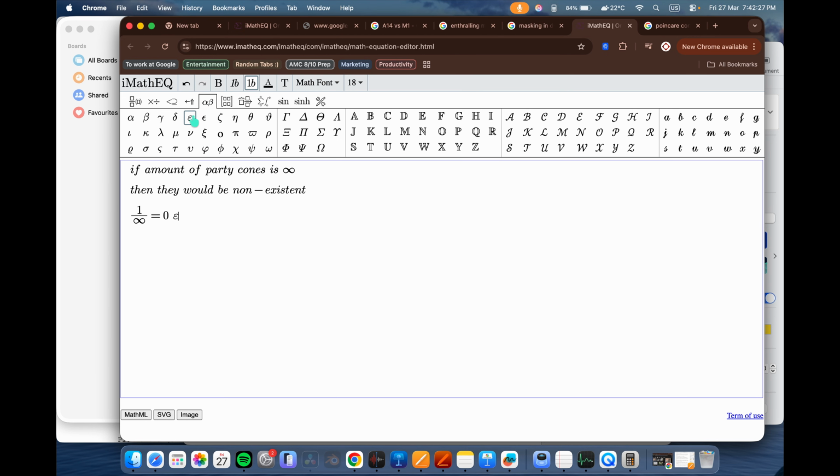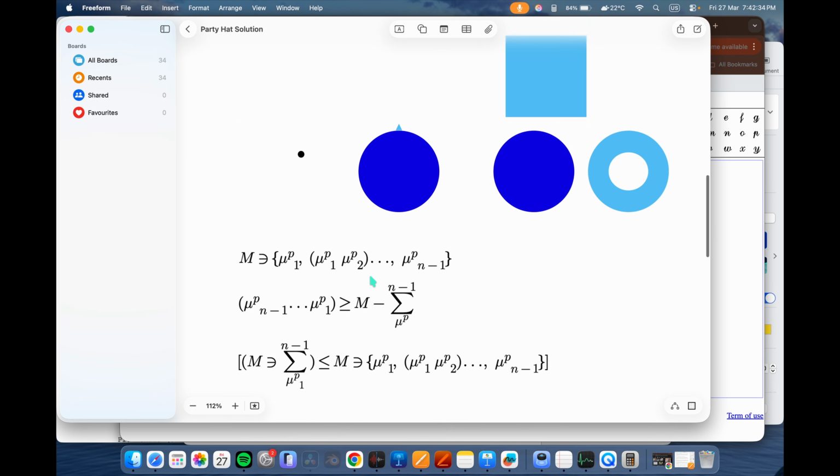So it's going to be epsilon, which means that they should be non-existent, which means that they shouldn't count. So it must be finite.